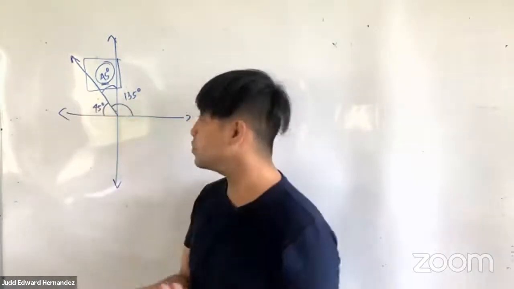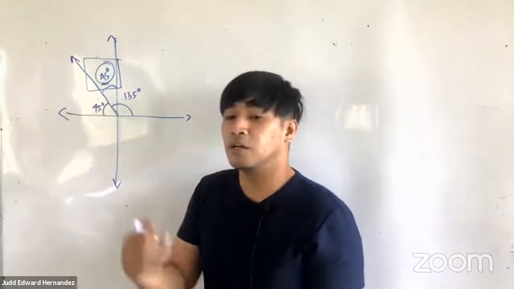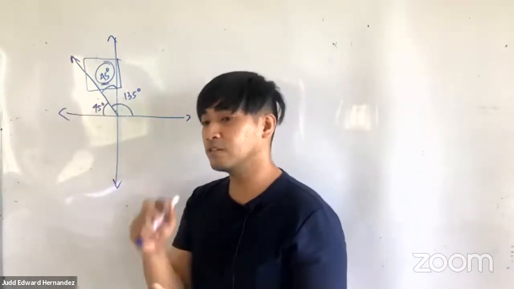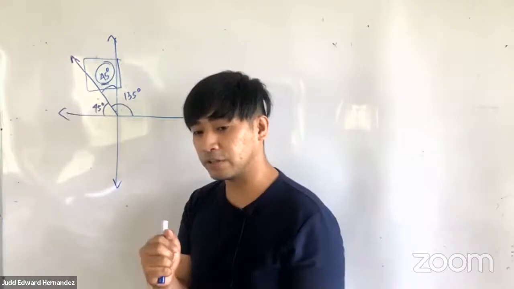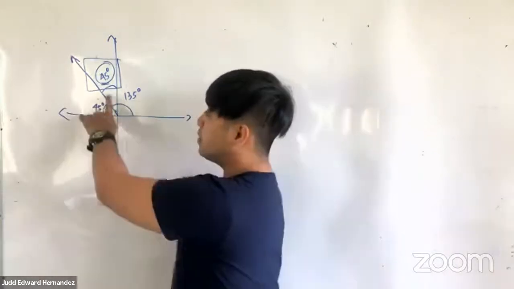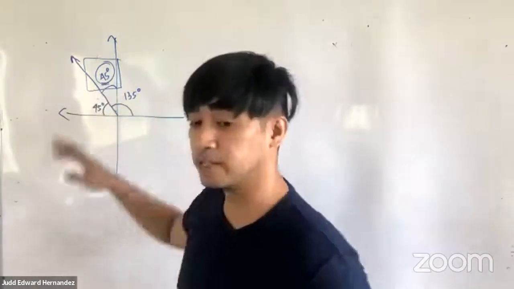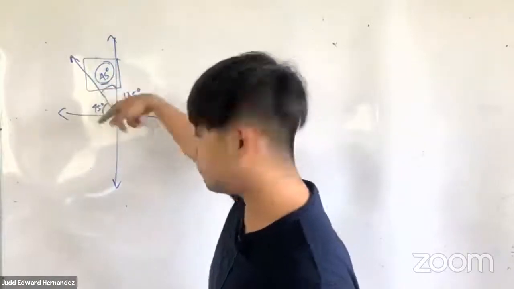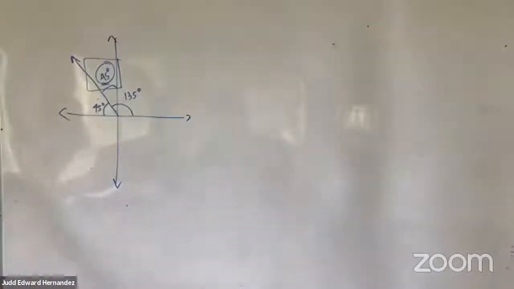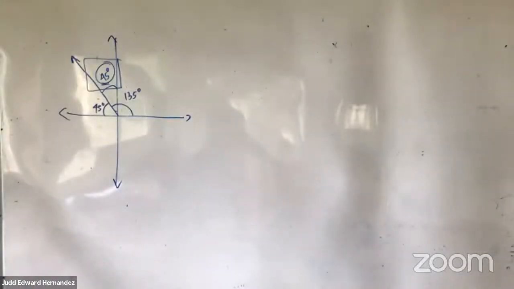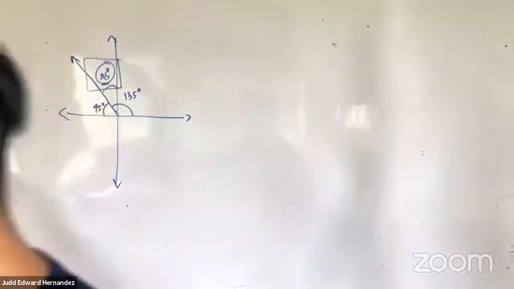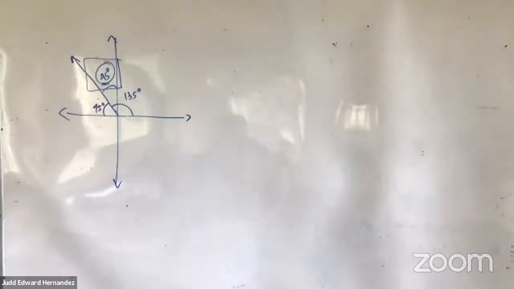But then, pag tinype mo sa calculator mo yan, cosine 45, sine 45, tangent 45, magiging magkakamukha lang din yung answers mo since 45, kahit ano yung 45 na gamitin mo, same lang din naman siya. Okay? So, next tayo.